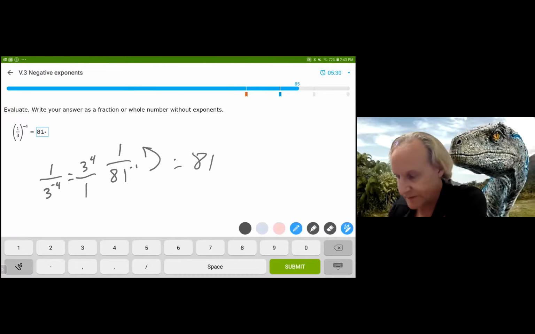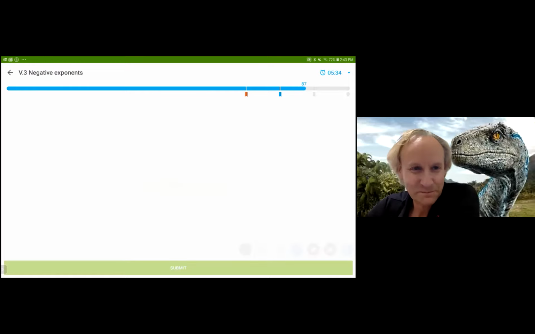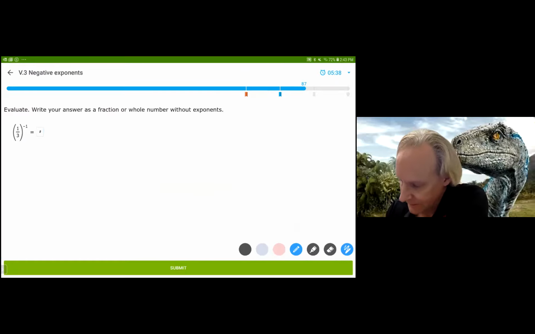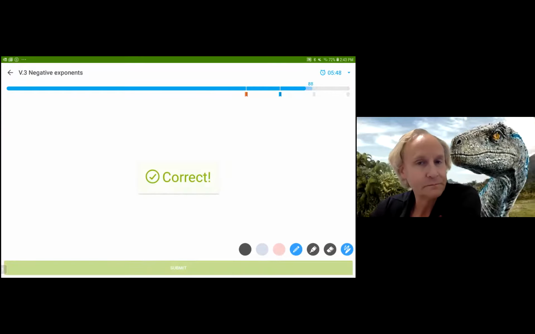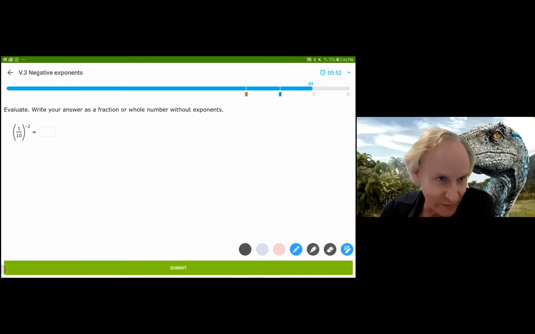Remember, when you move it across the division line, you change the sign. Okay, that's 3. We're taking the inverse of 1/3. That's another way of thinking of that. Anytime you're taking something to a negative 1 power, it's the same as a reciprocal, which is why we move it across the division line when we change its sign.